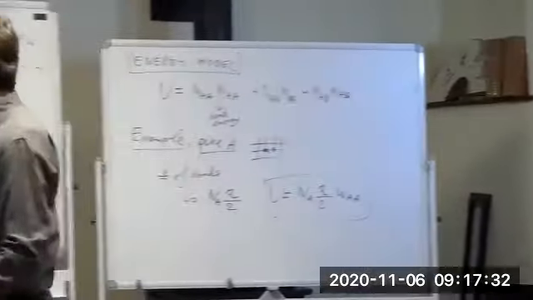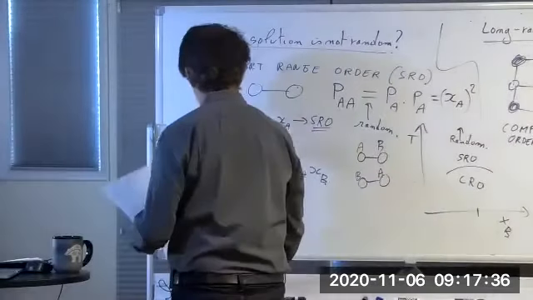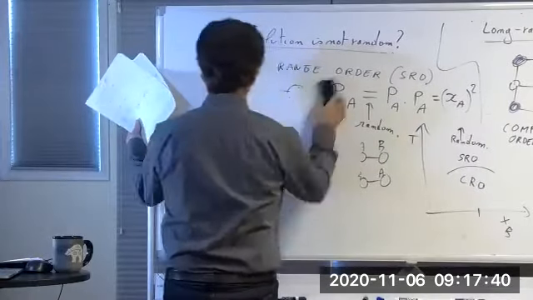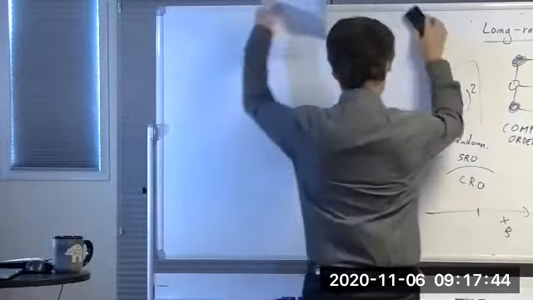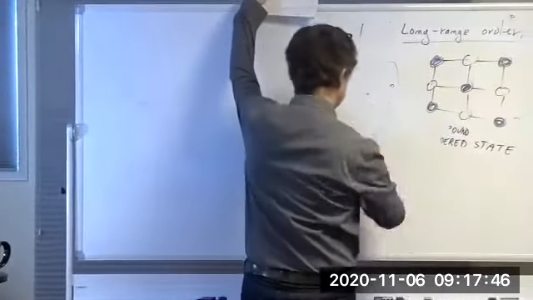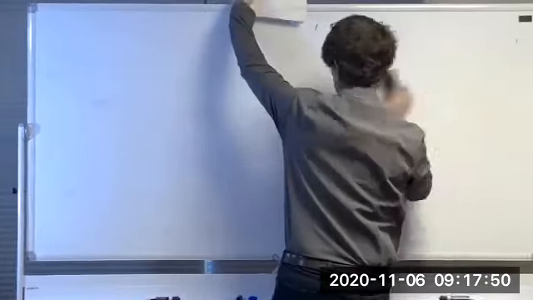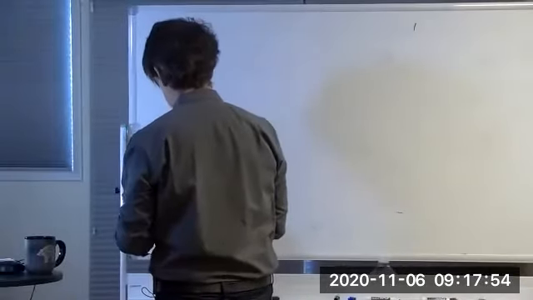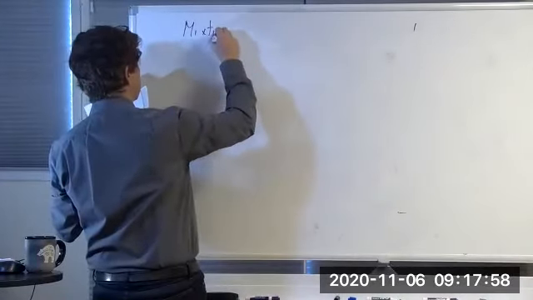Okay, so let's now do the slightly more complicated. Let's actually do the mixture, so that then we can do the energy of mixing. And then next week we'll discuss the consequences of that. Okay, so let me make a mixture of A and B now.